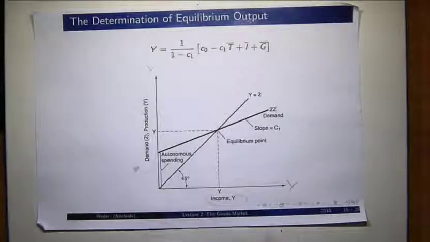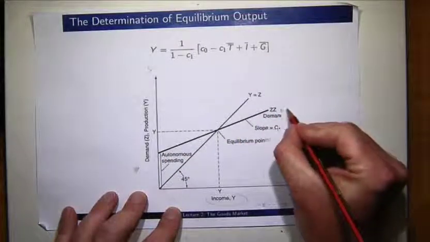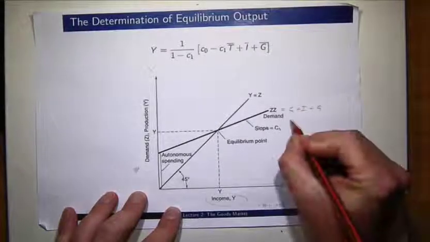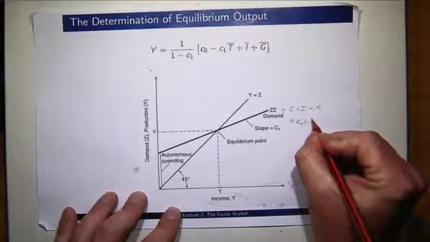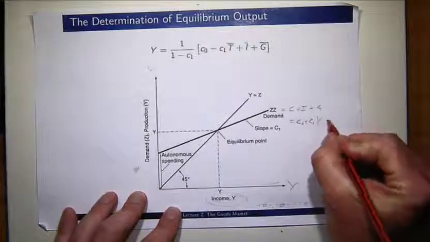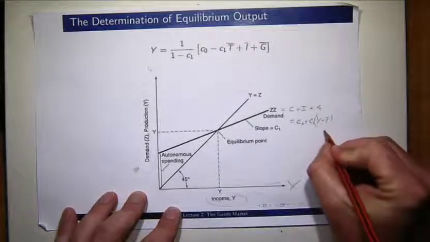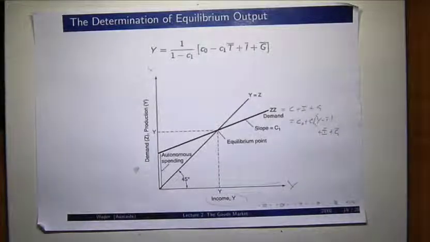But then we should also look at the demand. Demand here was this, if you write it out. So how can we plot this demand in this figure?